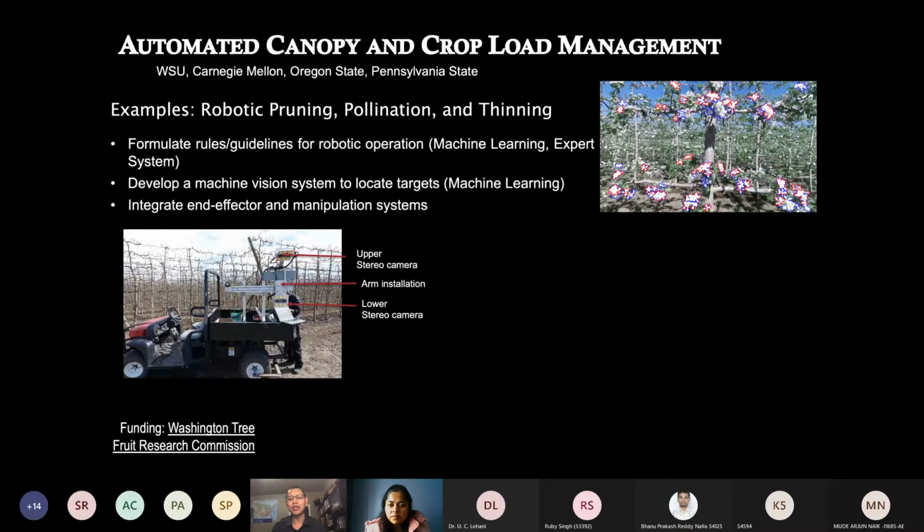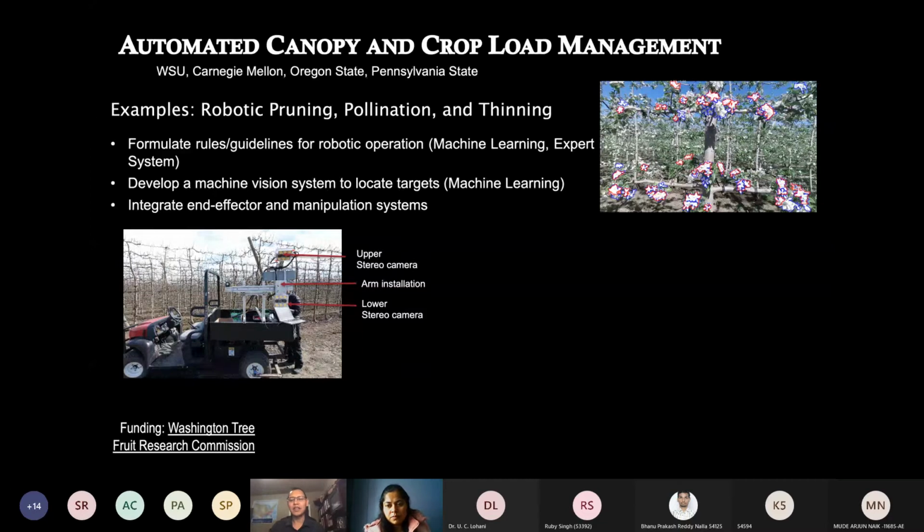Anyway, once those objects are identified, we also have to develop certain strategies to do something about it. If it is thinning, we need to go remove part of the flowers using robots. If it is pruning, we need to go find those branches and cut them out. If it is pollination, we need to spray some pollen on top of these flower surfaces at targeted locations. All these strategies are being developed in our lab, and we're also developing an integrated solution with end effectors specific to specific operations.